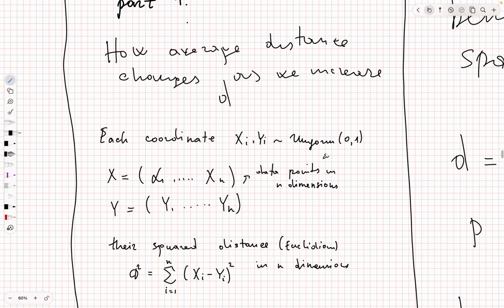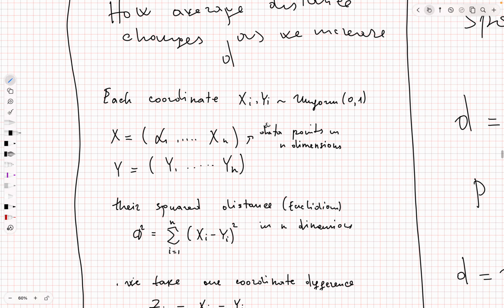Basically data points in n dimensions. Let's say this is data point 1 and this is data point 2, and they are just described by their components in each dimension.